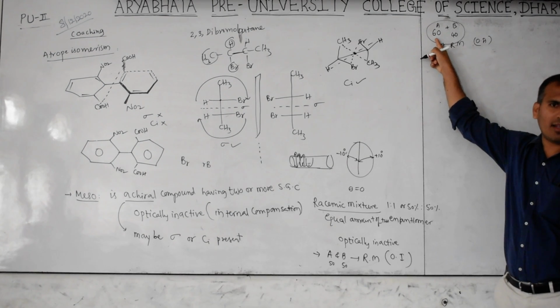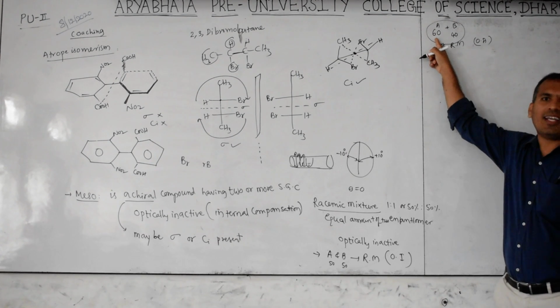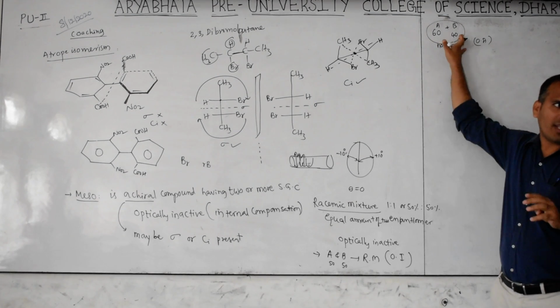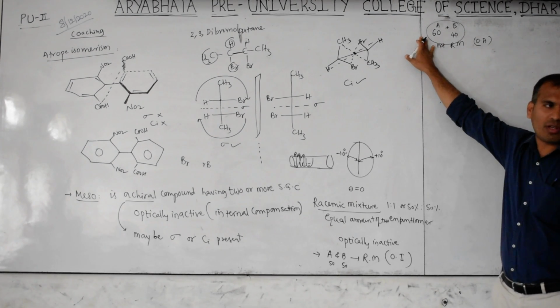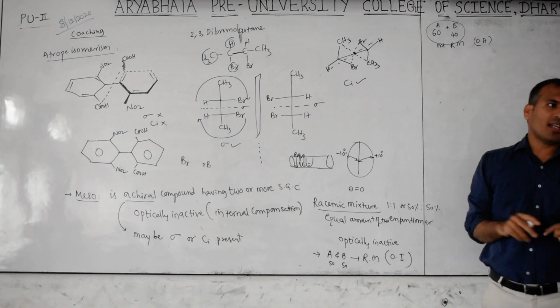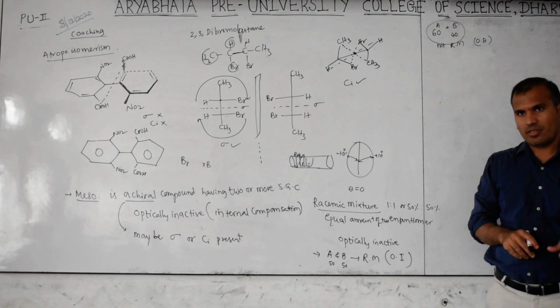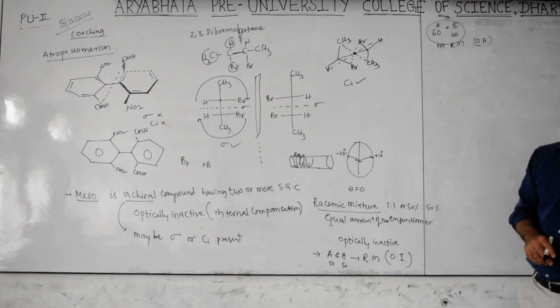How much extra remains? 20. That 20 is overall optically active. Got the point? Here 40 is A, here 40 is B molecule. The 40 forms a racemic mixture. The remaining extra 20% of molecules is optically active. Clear? Then don't confuse this.